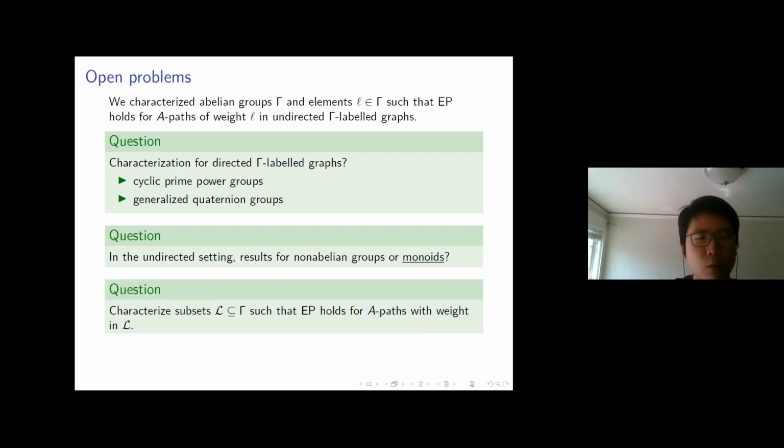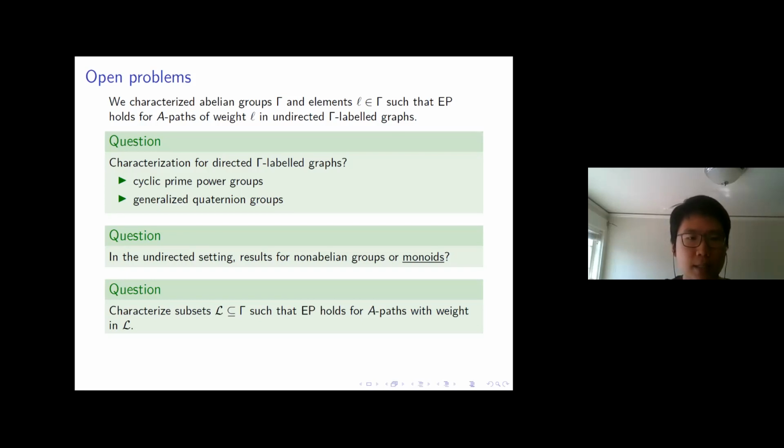Another way to generalize these results is to look at subsets of the group and say I'm only interested in A-paths whose weights are in this subset L. One of the first results of Wollan was that if you give me any group, the non-zero weights satisfy the Erdős–Pósa property.